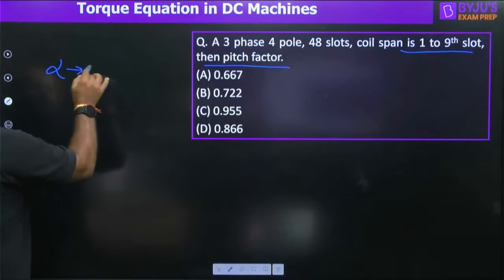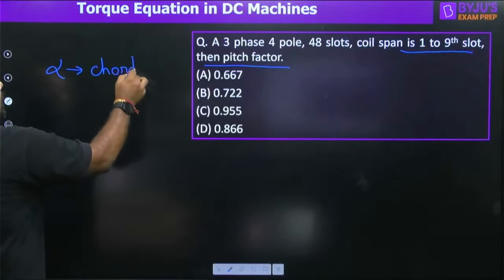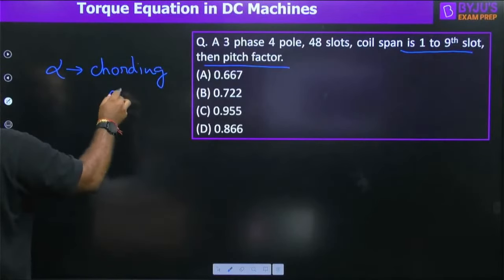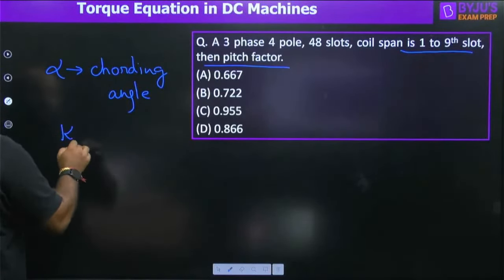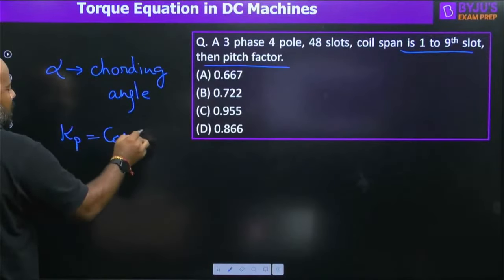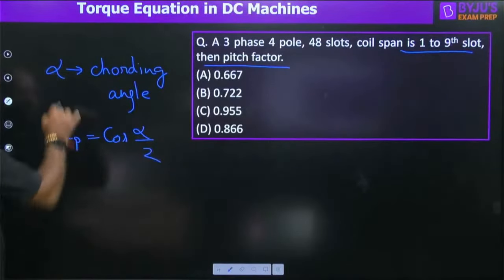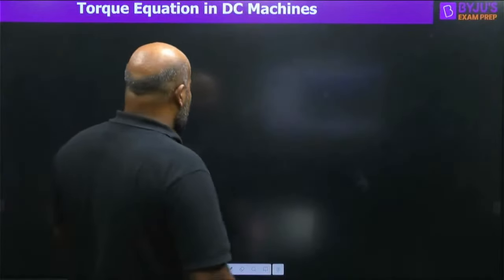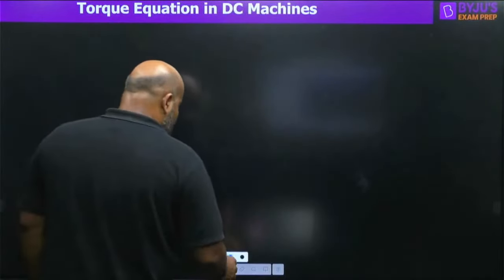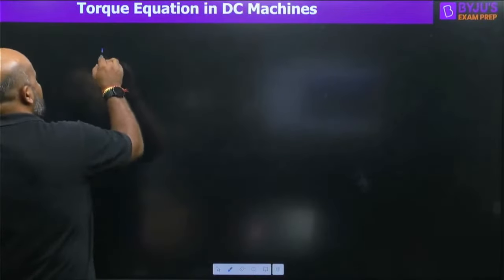If alpha is the chording angle, then how are we defining the pitch factor? It is cos alpha by 2. So we are interested in this alpha. Let us try to understand what is this alpha. He is saying there are 9 slots.